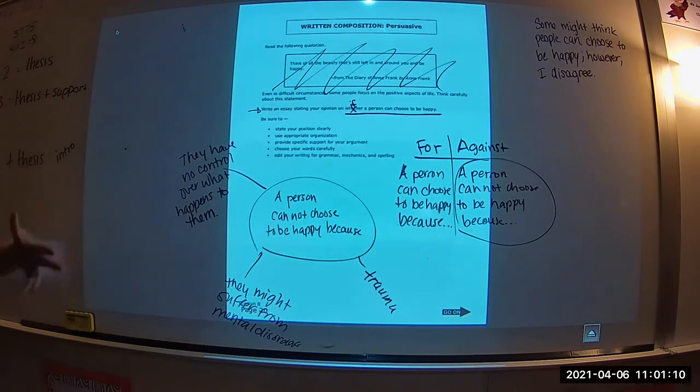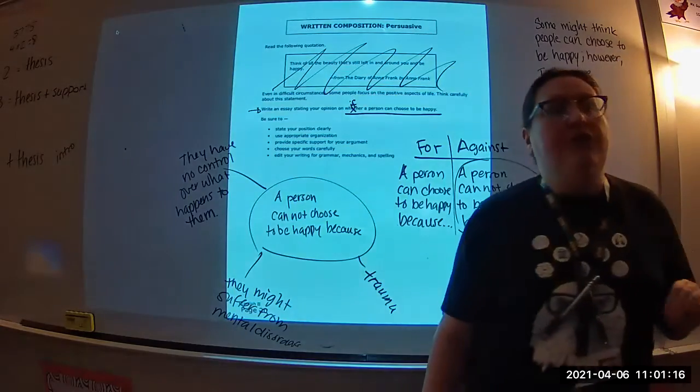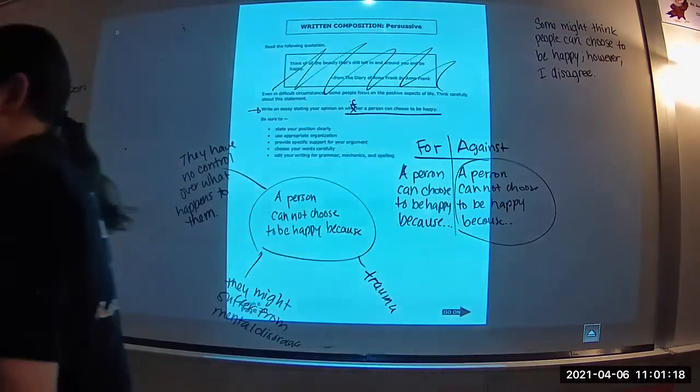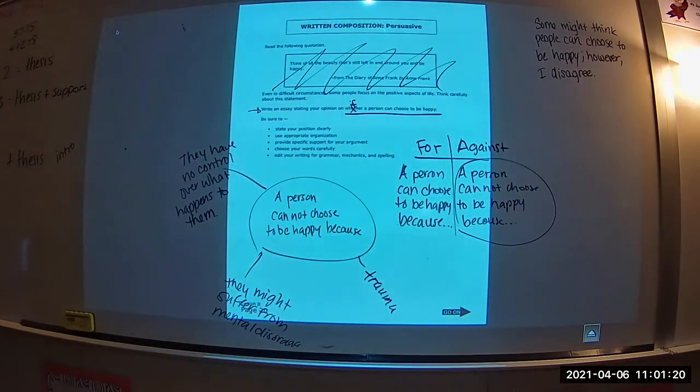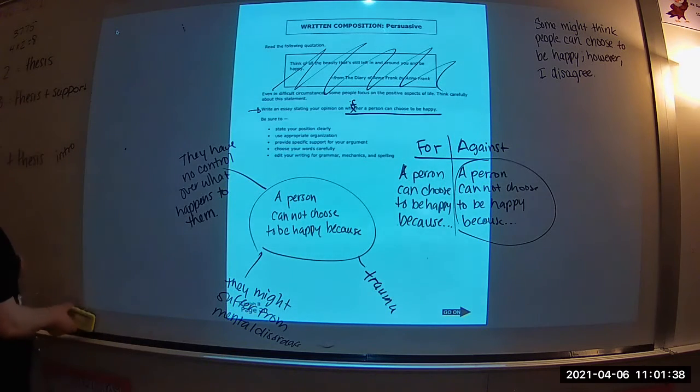So you could easily say for your conclusion, Ariana Grande and my Uncle Steve serve as perfect examples of why people who suffer from mental disorders due to trauma cannot choose to be happy. I just wrapped up everything my whole essay was about and I concluded it. Make sense? You guys think you can do that? All right. So do you want to do one more example or you want to leave it at that? I think we're good.